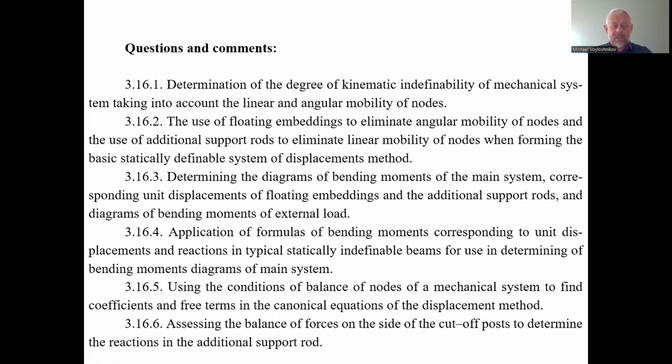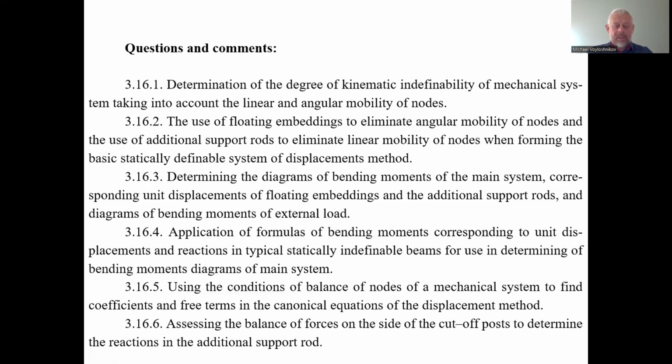The one usually used is the extra support as a sliding or floating embedding, the assumed theoretical extra connection for the considered mechanical system, which limits the angular displacement of each node. Usually we install this extra connection, making the main system of the assigned system, as a sliding embedding in the rigid connection of the elements of the mechanical system.